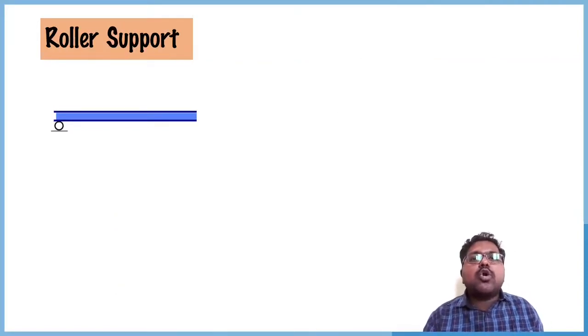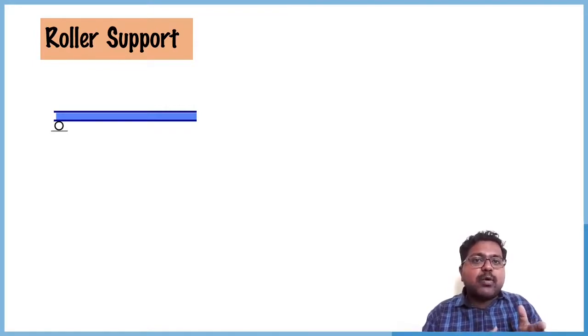Next is the roller support. Here in roller support, we are making one more translation free. In fixed support, both translations and rotation are restrained, whereas in simple or pinned support, both translations are restrained while rotation is free. But here in roller support, we are making one more translation free. Here we are concentrating on only the y direction.